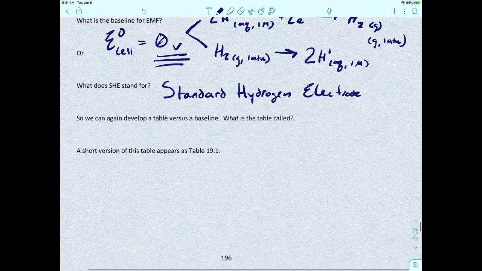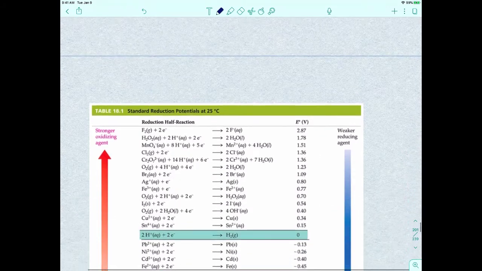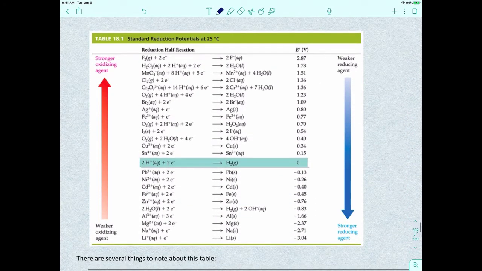All right, so in short, using this baseline, we can generate a table that we can match all these voltages up. This table is called the standard reduction potentials. Okay, and a table will appear like this.